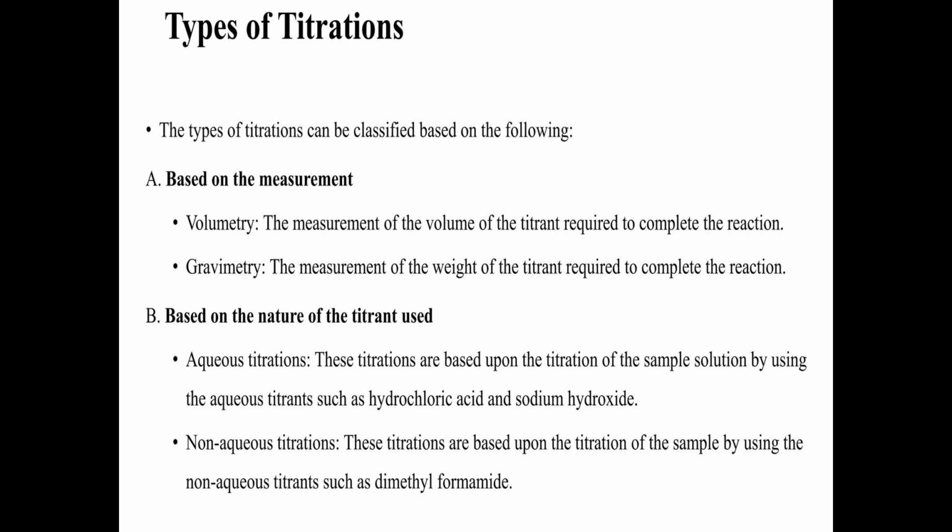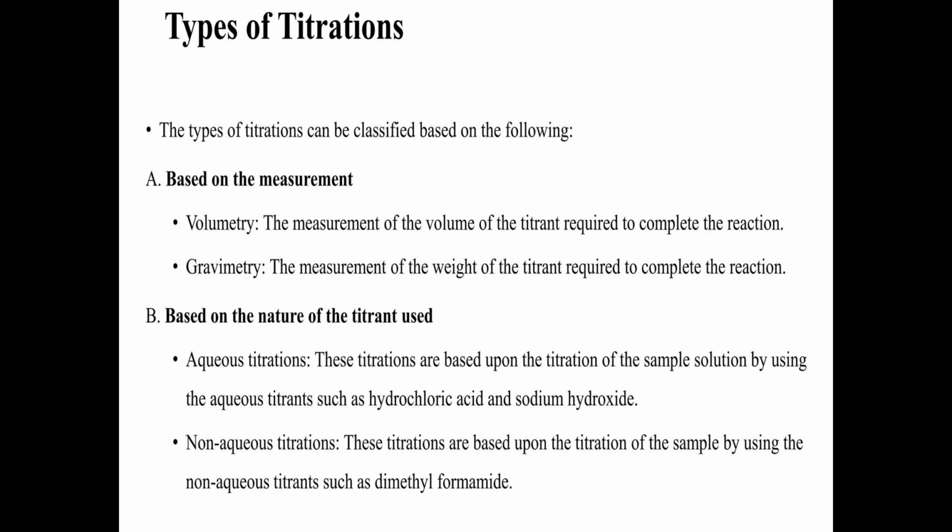So far we have discussed the methods used for the analysis of any pharmaceutical substance and their importance. Just now we have discussed what a titrimetric method is and some basic terminologies, and now we are moving towards the types of titrations which we use while analyzing any pharmaceutical substance.